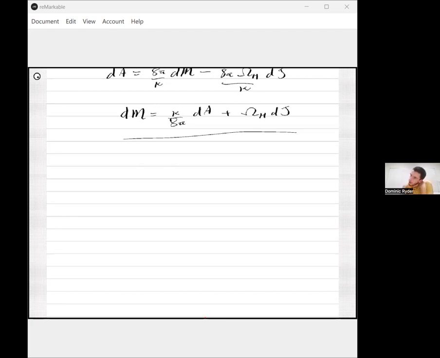Shouldn't we have a generalized entropy, some dS instead of dA?